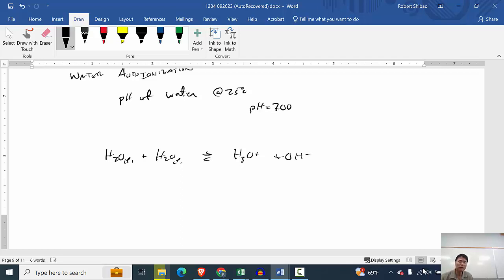And what we're going to do is we're going to do the ice table here. What do we put for liquid water? Nothing. And then what we're going to do is we're going to reset this mentally. We're going to assume that none of the waters have collided yet.